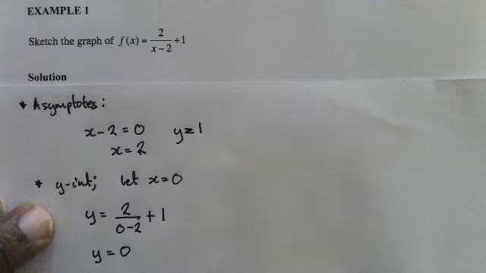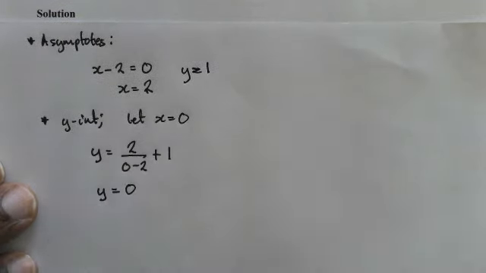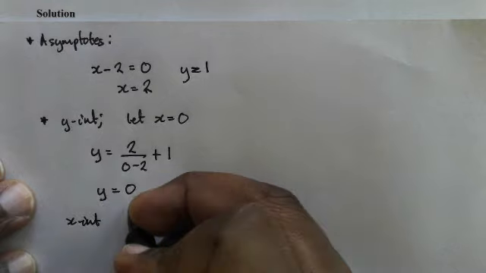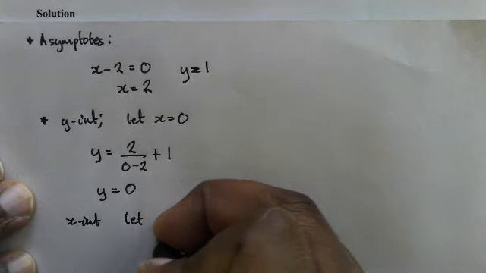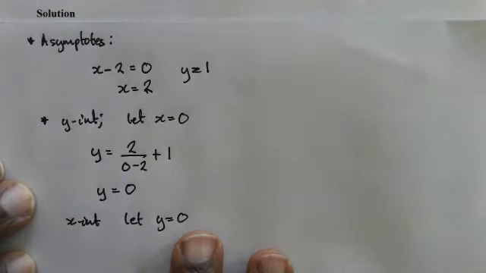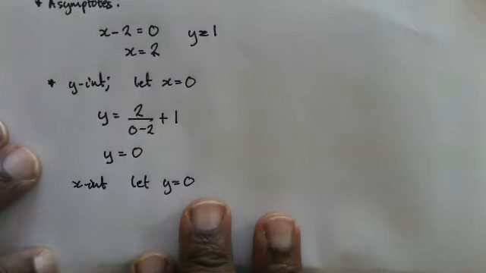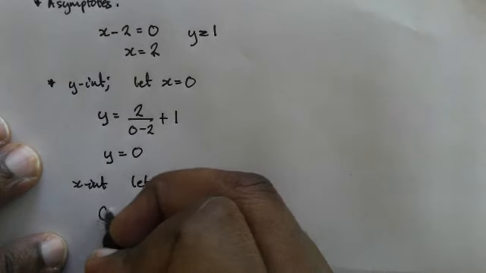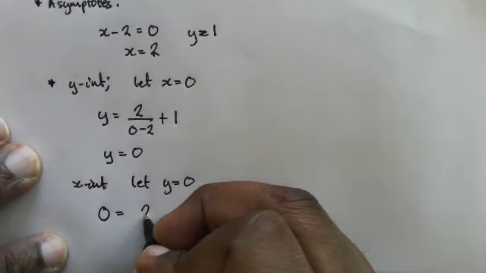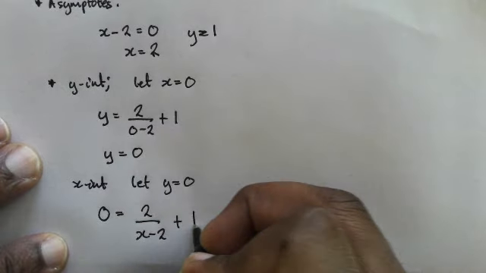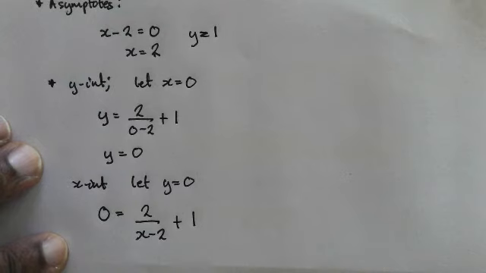Okay, and then to find the x-intercept, you obviously let y equal to 0. So you're just going to let y equal to 0, which means where this y is, we put 0, 2 over x minus 2, plus 1. Let's solve that.